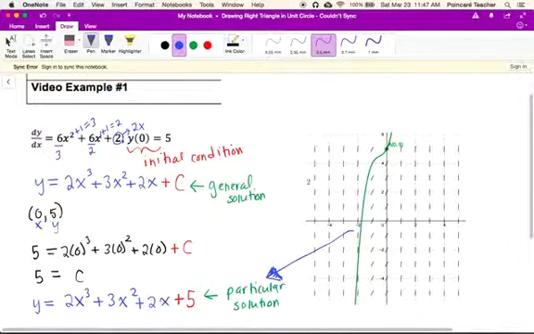You don't have space for the slope field, but I wanted to give you a visual representation of what this represents and how the differential equation is represented. Just to conclude, the solution to this differential equation with the initial condition of (0, 5) is y equals 2x cubed plus 3x squared plus 2x plus 5.